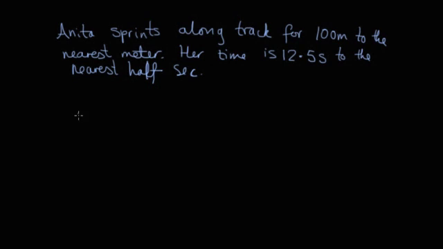So let's calculate her average speed, assuming that she ran exactly 100 meters and she'd done it in exactly 12.5 seconds. So average speed is distance over time.